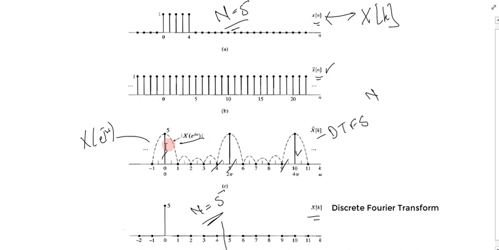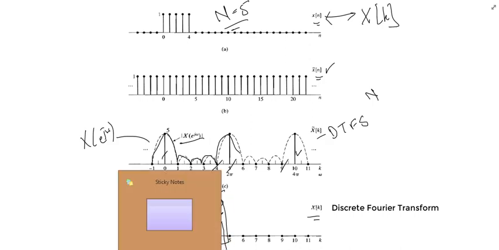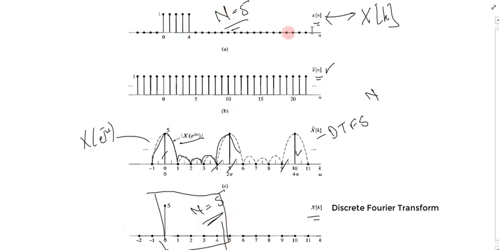So instead of saving this continuous spectrum, you can save these 5 samples in your computer to represent the Fourier transform of this discrete time signal. Now let us define the discrete Fourier transform.